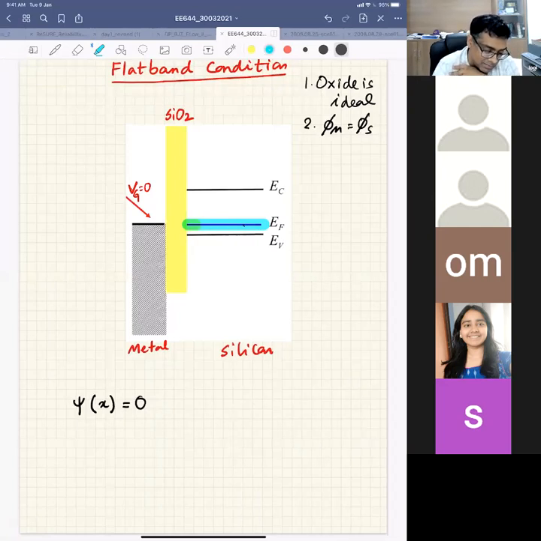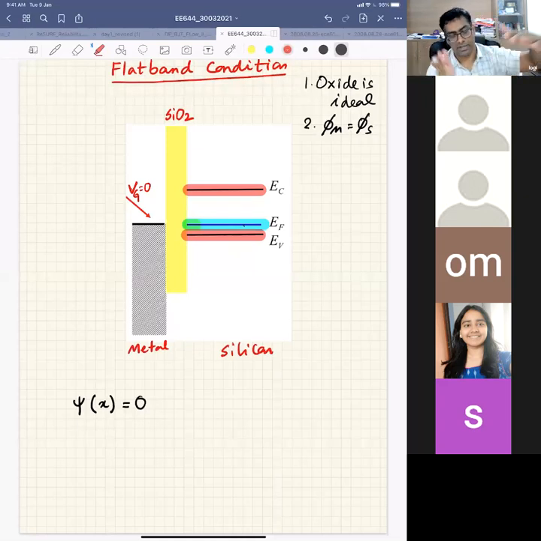And you have your conduction band and valence band. This is the metal, and in between we have silicon dioxide, which is an insulator, so it has a very high band gap, and these two points are the band offsets.